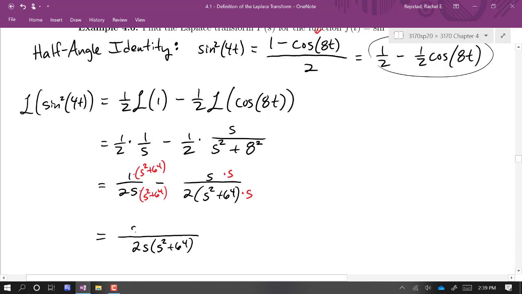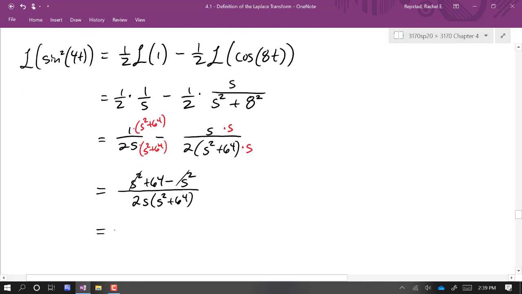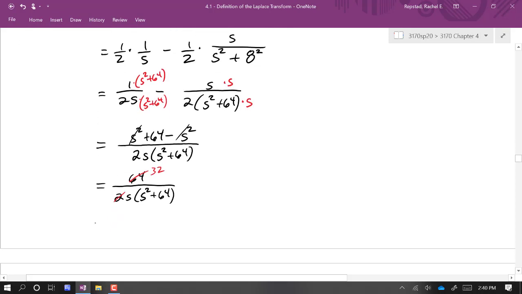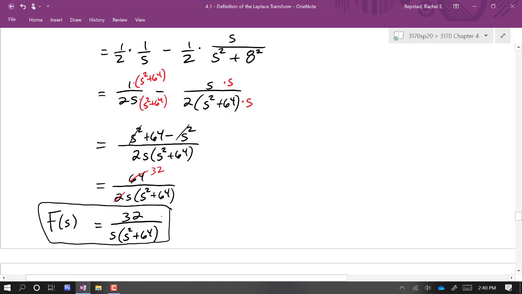Up top we have s squared plus 64 minus s squared, so those cancel, and we just have 64 divided by 2s times s squared plus 64, and now we can cancel a factor of 2 and reduce this. And there's the transform of sine squared 4t.